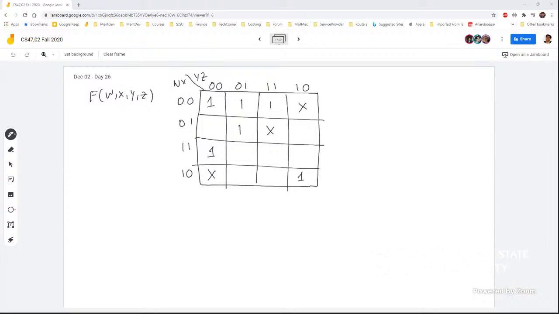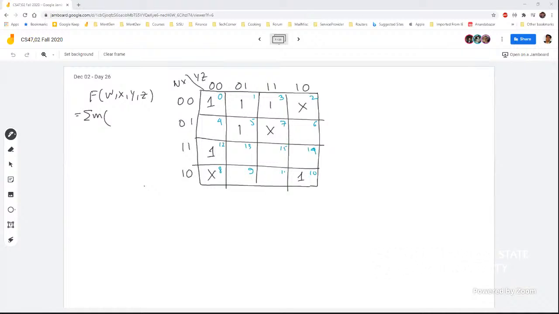Now, what is the corresponding SOP in a compact form? It would be sigma m. Let's index the boxes to make it easy: 0, 1, 2, 3, up to 15.